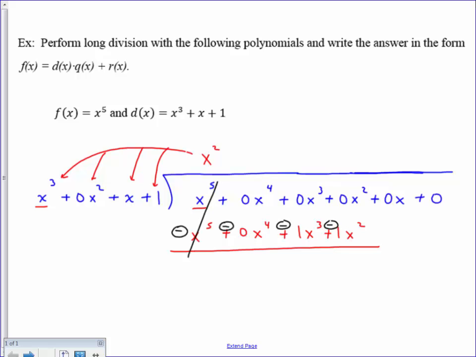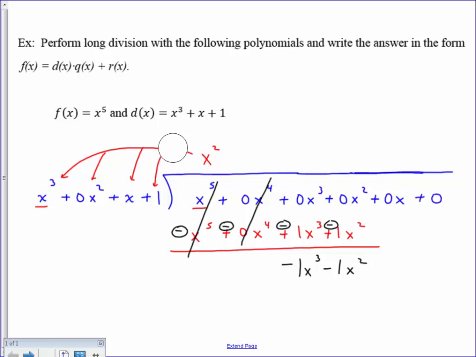X to the fifth minus x to the fifth is 0. 0x to the fourth minus 0x to the fourth is also 0. 0x to the third minus 1x to the third is minus 1x to the third. 0x squared minus 1x squared is minus 1x squared.